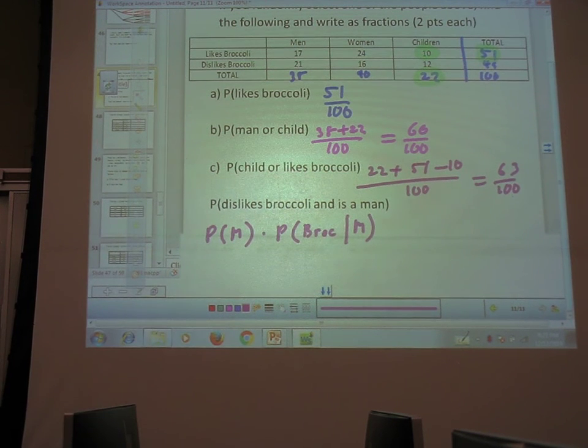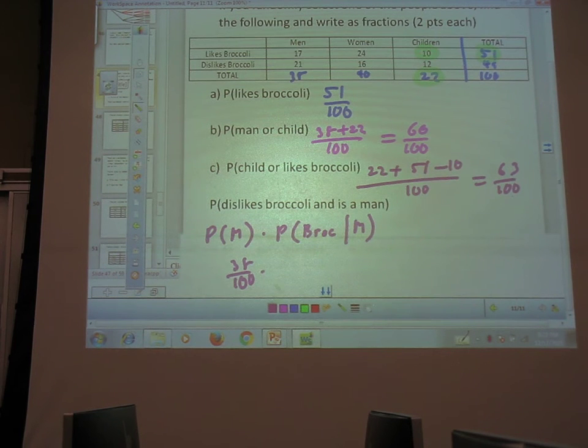What's the probability of man? 38 over 100. What's the probability of broccoli given man? If you know it's a man, then it's not a woman or a child. So it's what?